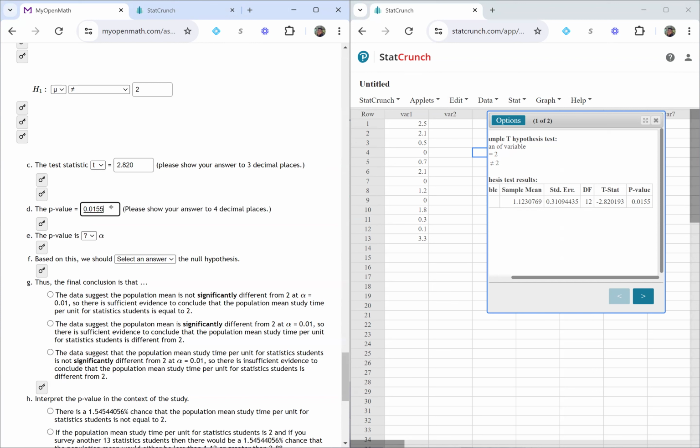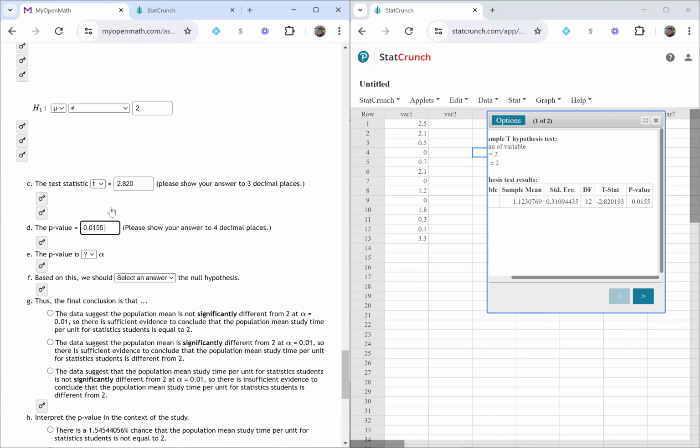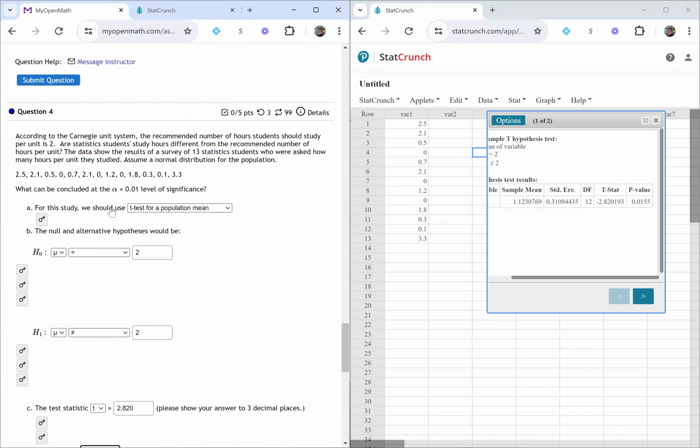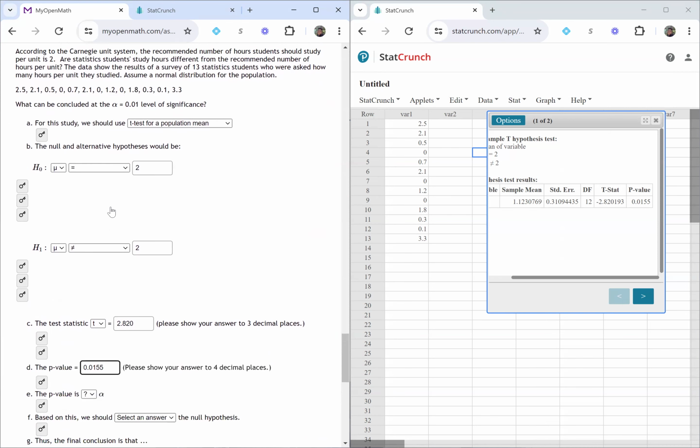0.0155. Great. All right. Now, we want to take this p-value and compare it to our alpha. I know my p-value is 0.0155, and if I go back up to the top, I notice that they said alpha is 0.01.